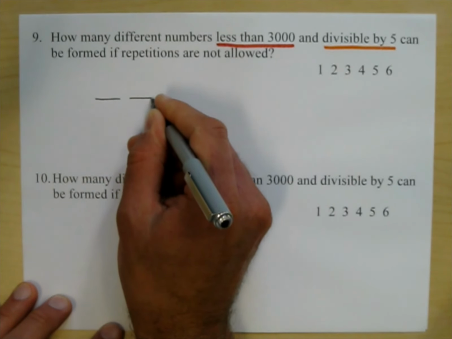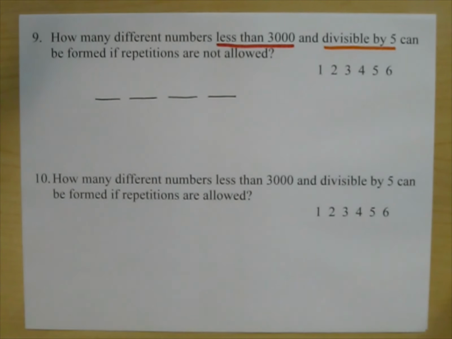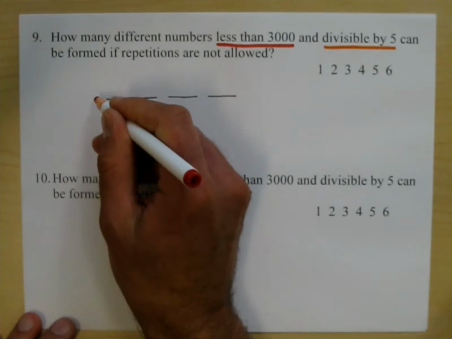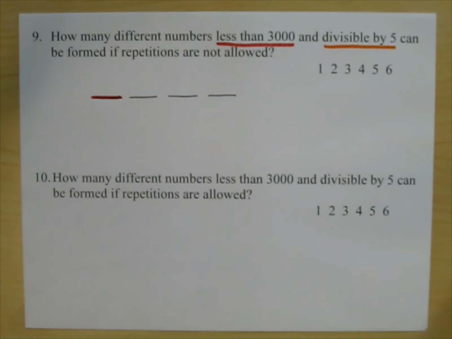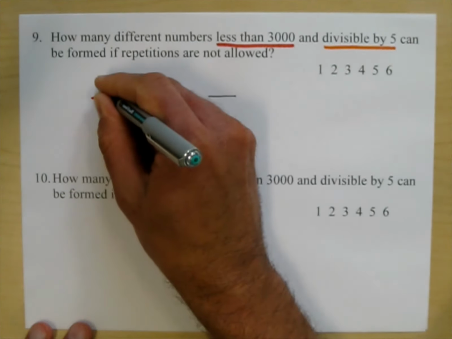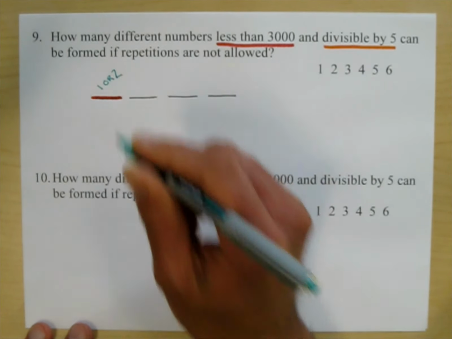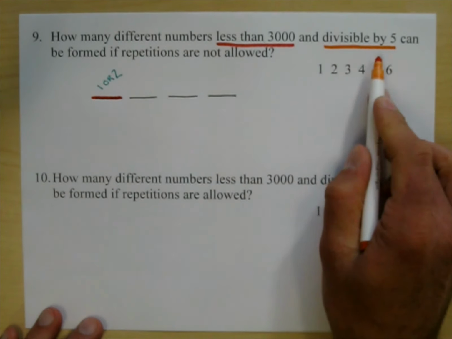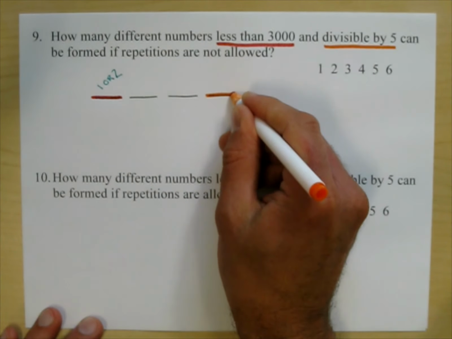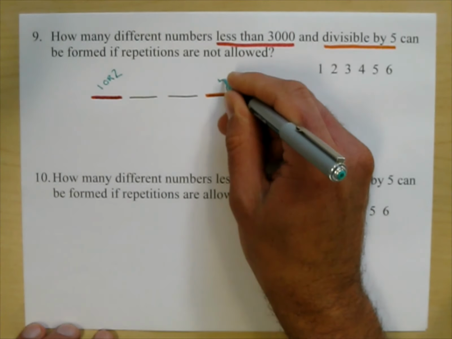Less than 3,000 means that slot has to be a 1 or a 2. Divisible by 5 means this last slot has to be a 5.